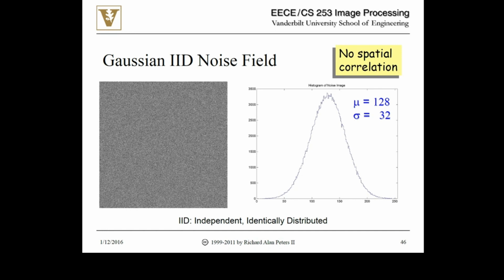Now, how does independent, identically distributed noise look like in images? They have to be independent. So given a pixel, you don't know anything about the other pixels, and each pixel will have a distribution. This is the F that I was referring to before. So the F is Gaussian. This is simulated data, so they have simulated with this mu and this sigma. And this is how they look like.